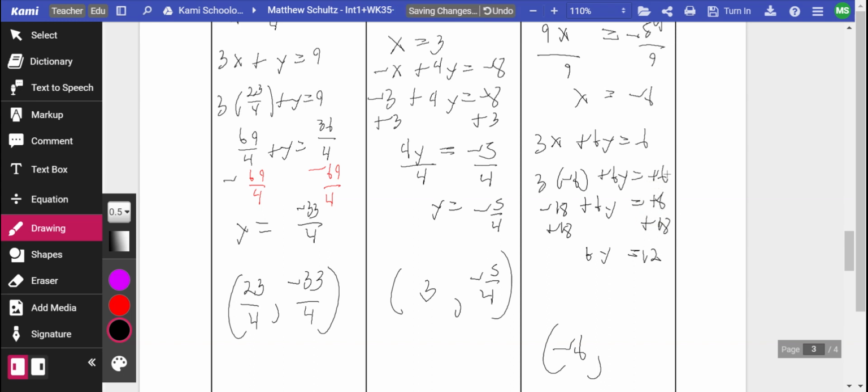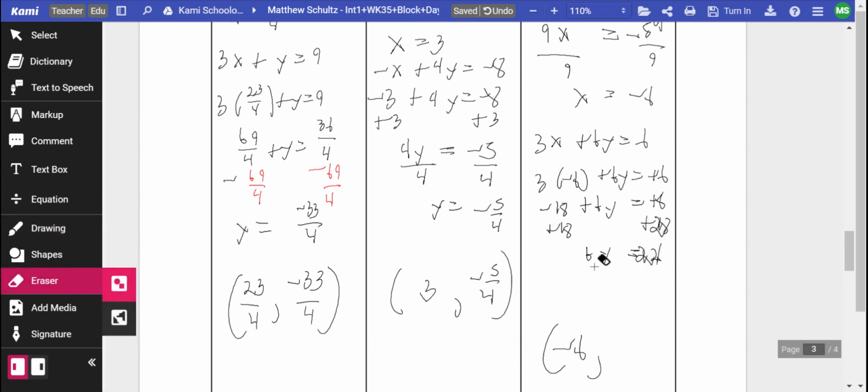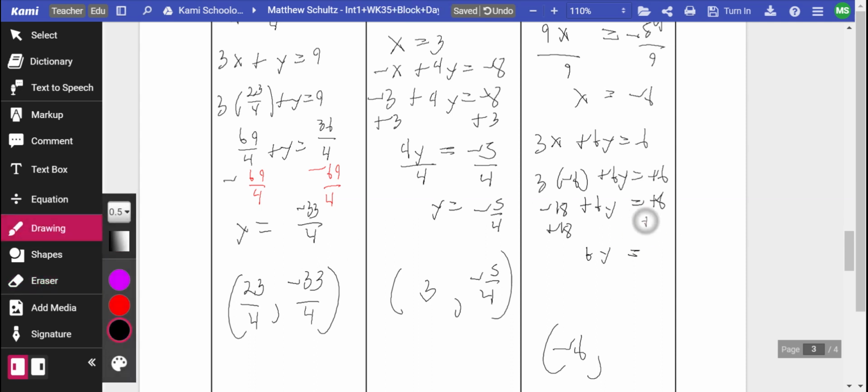So positive 6 plus 18 is 24. Oop, 24 right here. So let's erase that. Mr. Schultz, your messy handwriting is not helping. So positive 6 plus 18 is 24. If I divide by 6 on both sides, I'll get 4. Y is equal to 4. I do believe. I could be wrong.